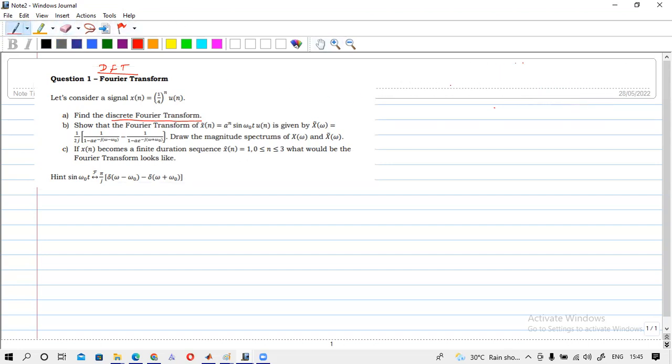I will quickly explain it, just a recap. This is the DTFT, discrete time Fourier transform, the Fourier transform of a discrete time signal.